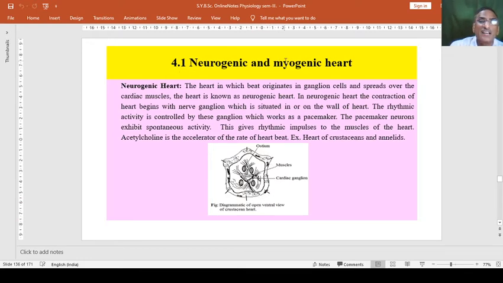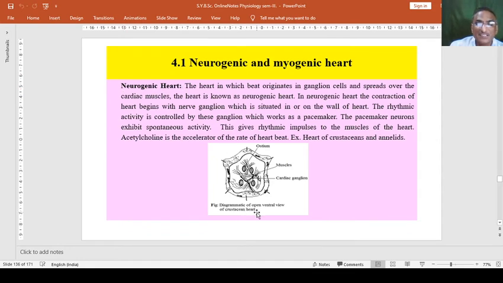The neurogenic heart and myogenic heart: the heart which works neuronally is called neurogenic, and the heart which beats or works through muscles, or myo, is called myogenic heart. First, the neurogenic heart.